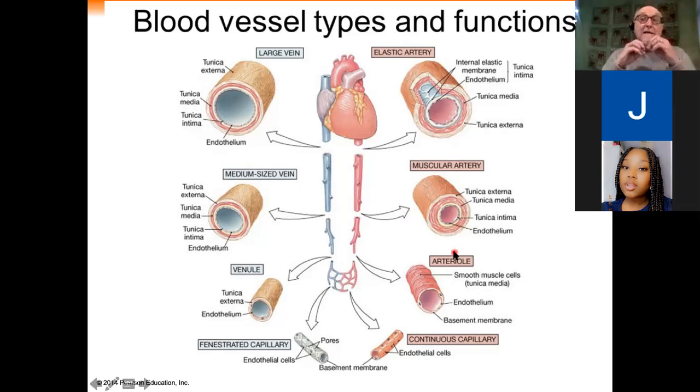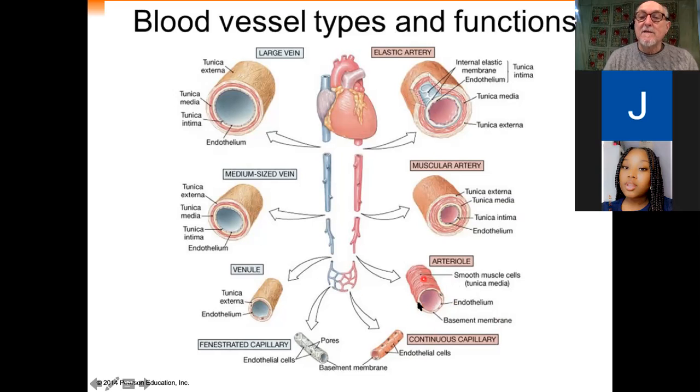But then, as these vessels go further and further away, as they feed into the organs, for instance, and into the muscles and everything, they begin to divide. And they divide and they divide into smaller and smaller and smaller little tubes. And these are called the arterioles. And here's an arteriole here, and you'll see that it's lost its outer layers. There's no tunica externa anymore.